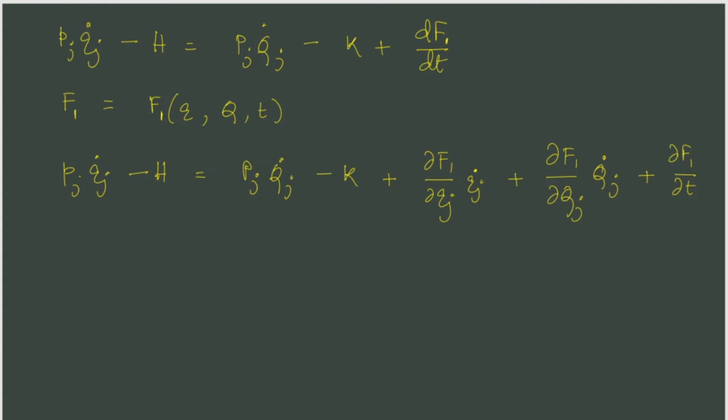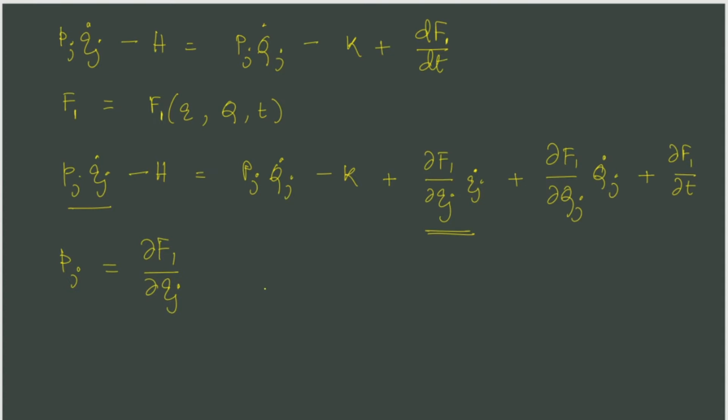Now you see this function F1 is a function of small q's and capital Q's, and they can be varied independently, and the coefficients of the time derivatives of small qj and capital Qj must individually match on both sides of the equation. So which means that from the pj and qj dot and this quantity, we can say the following.